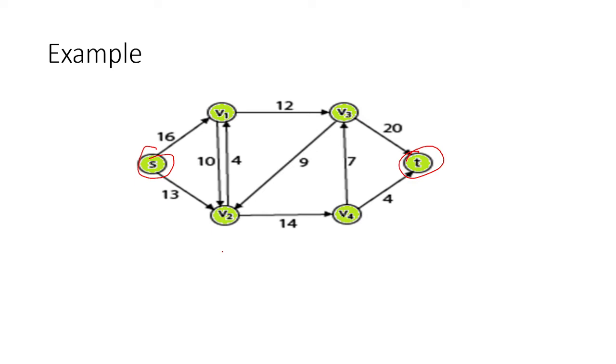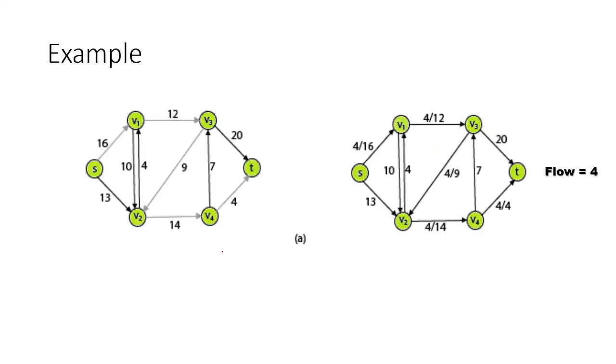First, we have to find the available paths of this graph. Let us choose a path. The path is from S to V1, V1 to V3, V3 to V2, V2 to V4, and V4 to T. That is our sink.